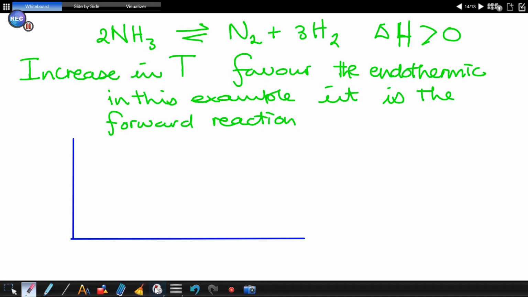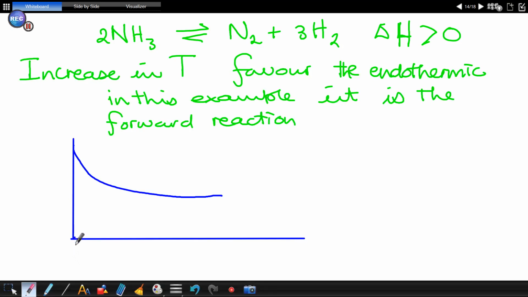So there we have to look at this as the equilibrium situation. Okay, wait, let me finish talking now. You will start with no hydrogen and you will start with no nitrogen initially.